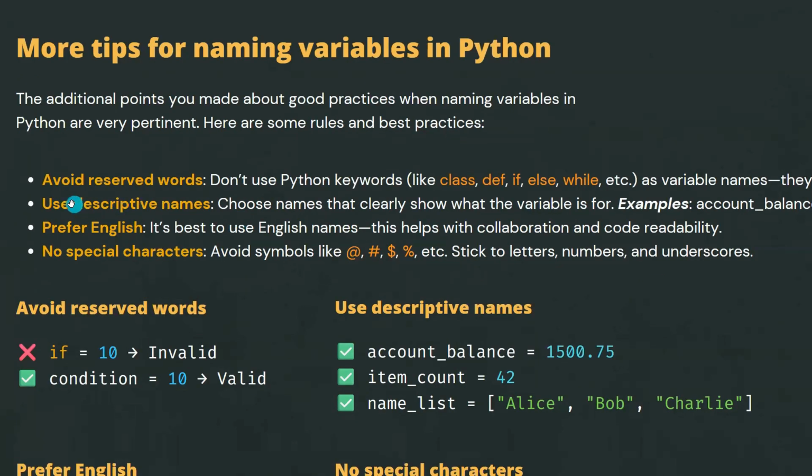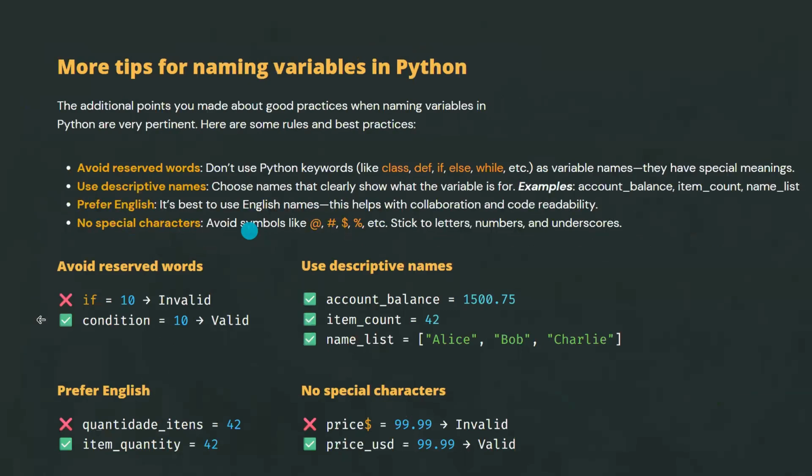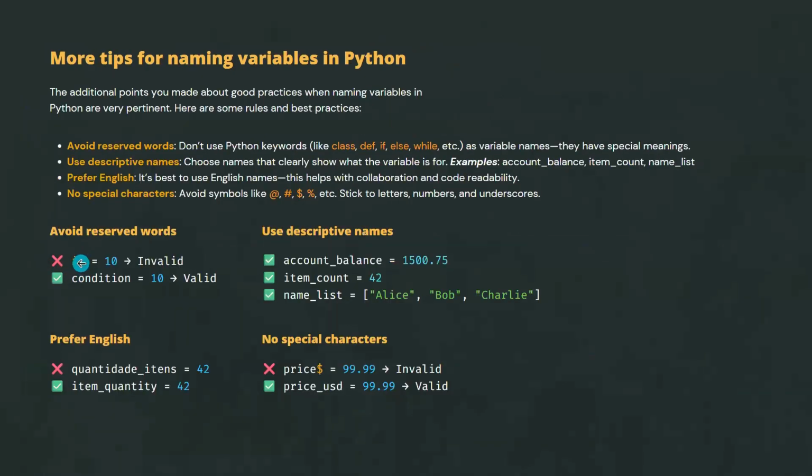The best example for avoiding reserved words is if, which is actually a reserved word, because if is used to check the condition of a particular thing, and if you use it as a variable, Python will be really confused, thinking if has some other meaning, and why this guy is using it as a variable. It will never understand your intention.